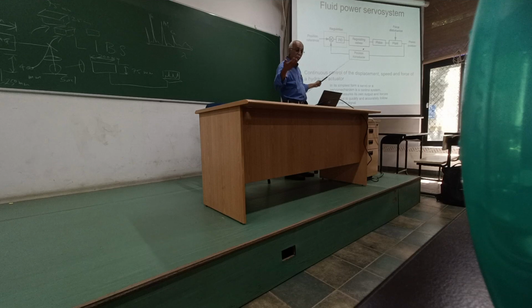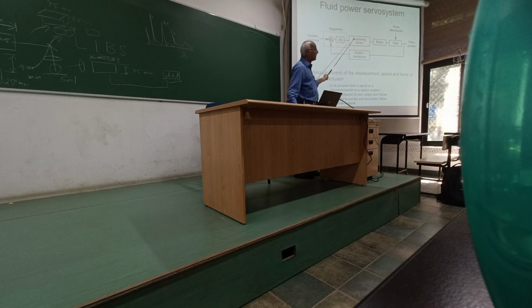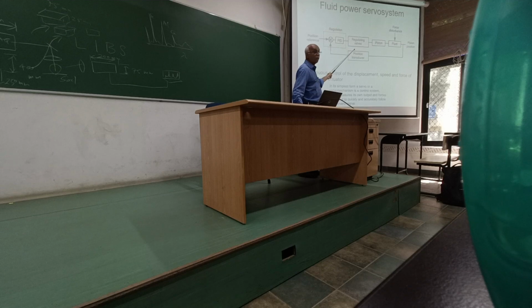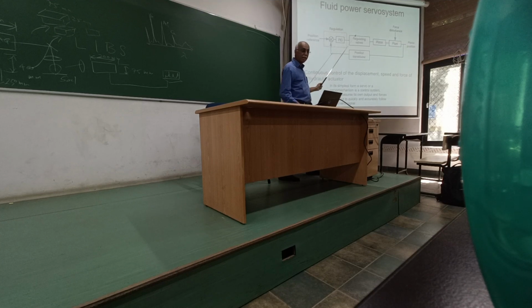In some cases, which I will show you after some slides, we will see that the sensor system is not outside, but is placed within the actuator position. Okay, so here the directional control valve is here, and this sensor will be placed within this, and the feedback is provided right from there.